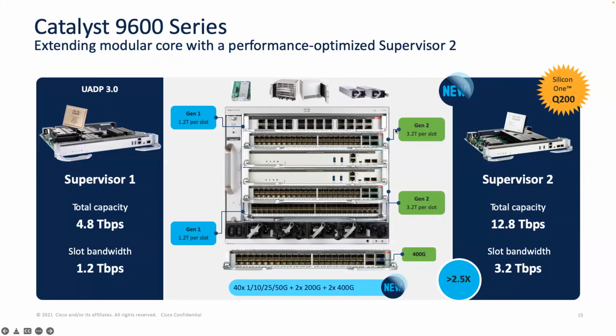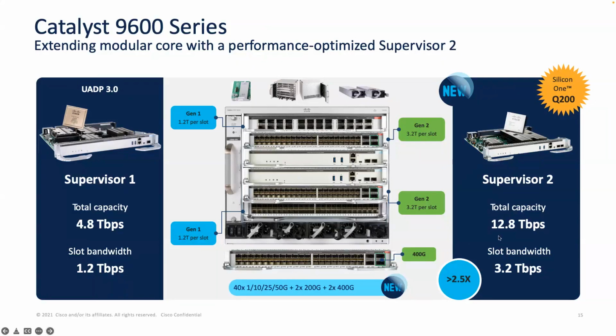When comparing the 9600 with the 9400, the 9600 provides ports at higher rates. For example, 9400 LAN cards provide ports at up to 10 gigabit rates. However, the 9600 LAN card can support up to 100 gigabit or 400 gigabit, depending on the supervisor version.